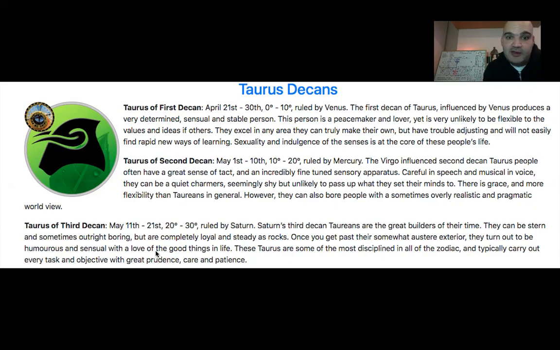So May the 1st, Taurus second decan. This will be from May the 1st to May the 10th, and it will be from the 10th degree to the 20th degree, and it'll be ruled by Mercury. The Virgo influenced second decan Taurus people often have a great sense of tact and incredibly fine-tuned sensory apparatus.